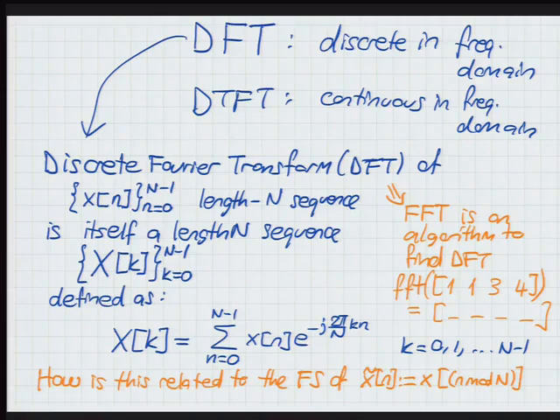So what does it look like, this summation here? It looks very much like the analysis equation from which we computed the kth Fourier series coefficient, correct? But there is a factor. We used to divide by the period, right?